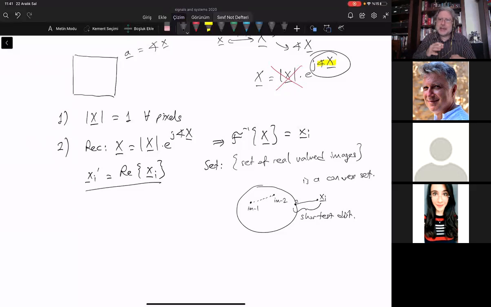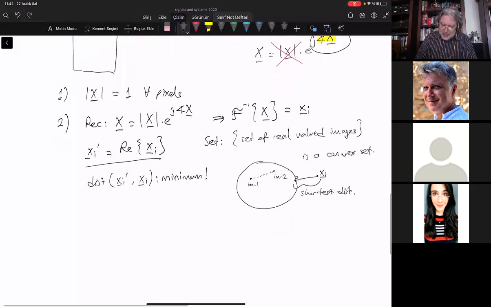If you just eliminate the imaginary part, assign it to be 0, the distance between xi prime and xi is minimum. Because if you choose another real value, which is not the real part of xi, then the distance between xi prime and xi will be even more.